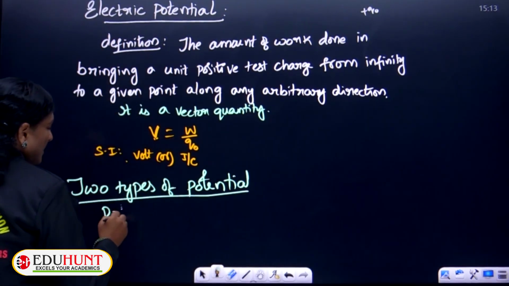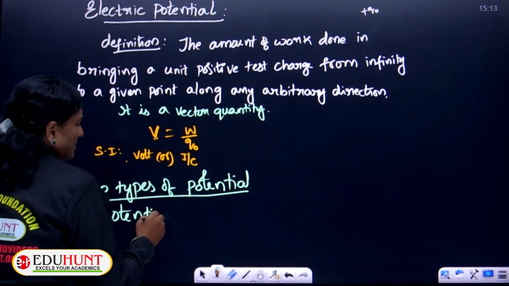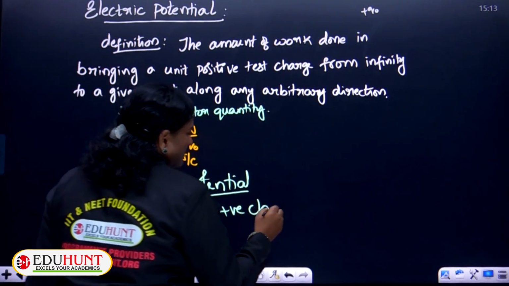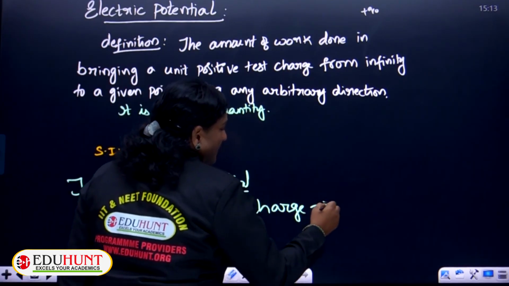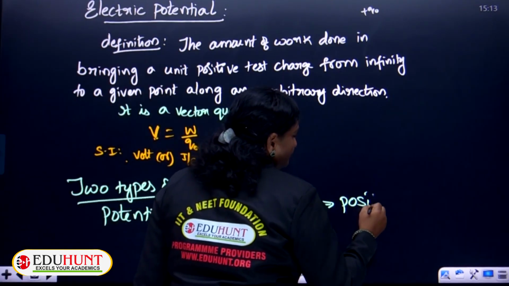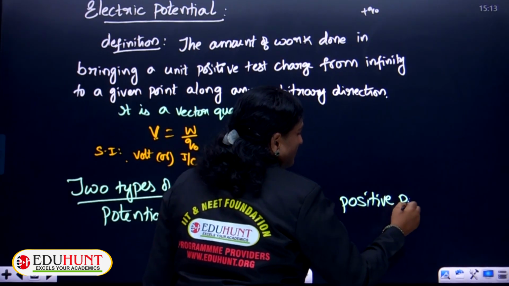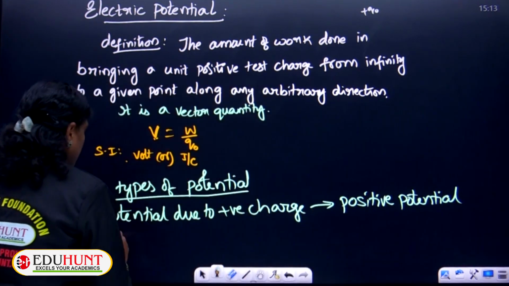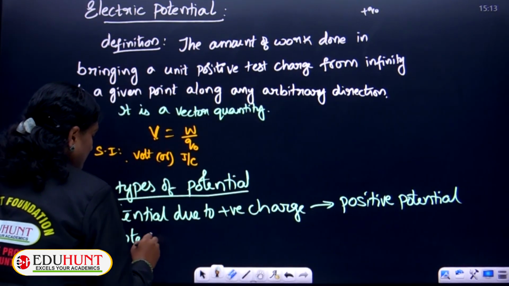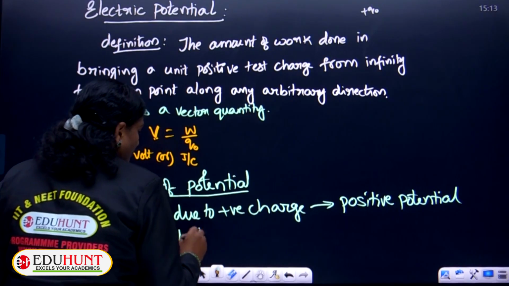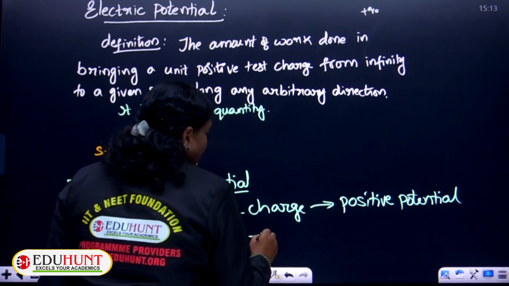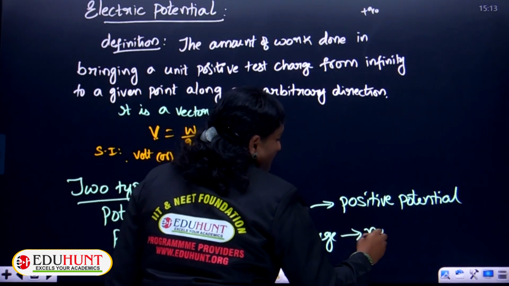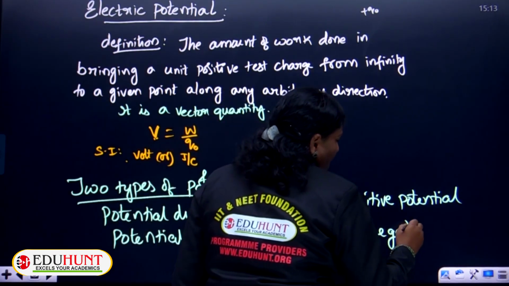So, that potential due to positive charge is generally considered as your positive potential, whereas the potential due to negative charge is considered as your negative potential.